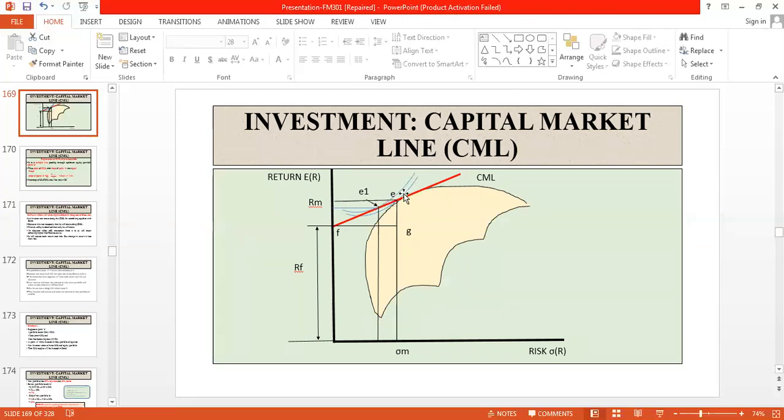And we know that moving to a higher indifference curve always indicates his utility is going up. Therefore, in this particular diagram, the person will definitely move from E to E1. That means he will combine his optimum equity portfolio with a risk-free government bond.